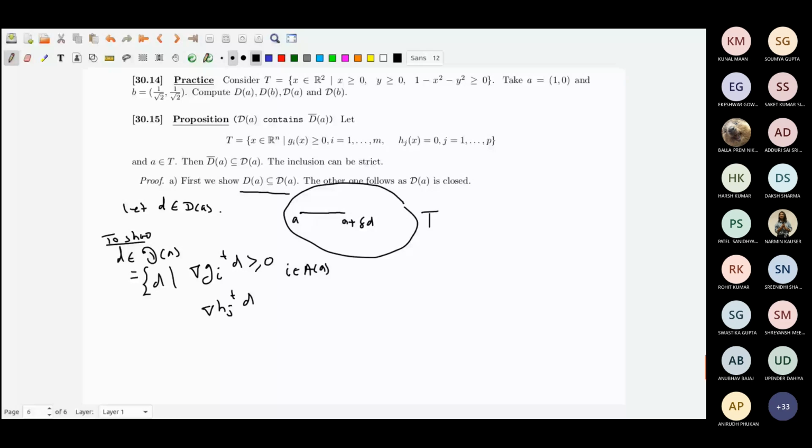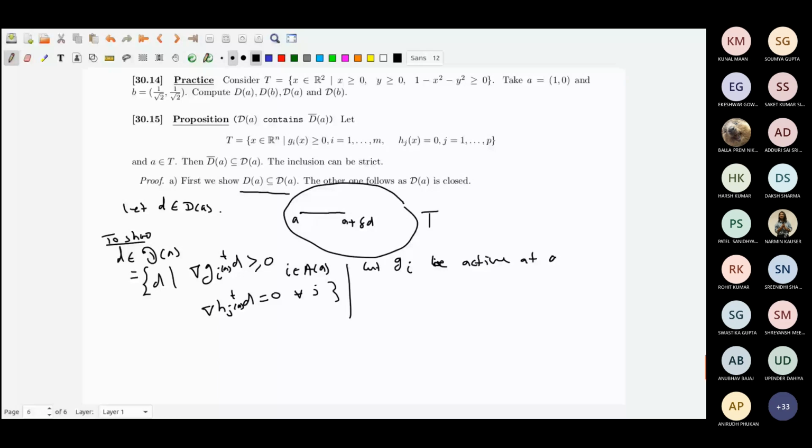Okay. So suppose i is an index, suppose Gi is active. I want to show that. So let Gi be active at A. What does that mean? That means Gi(A) is equal to 0.